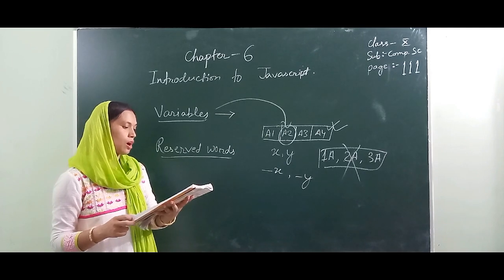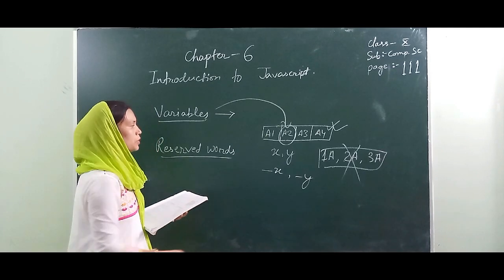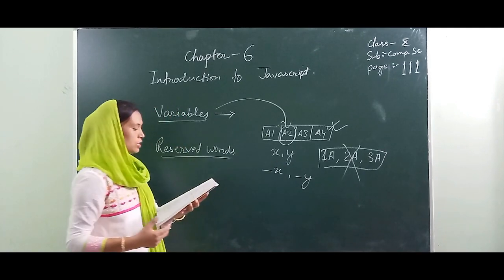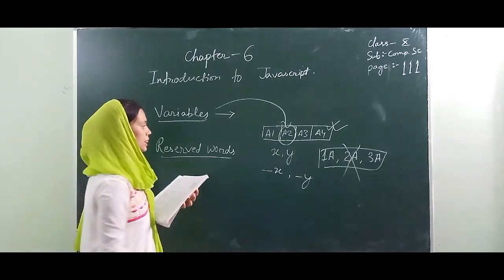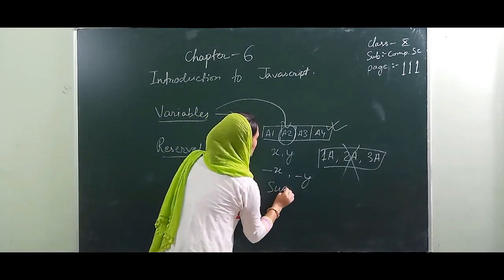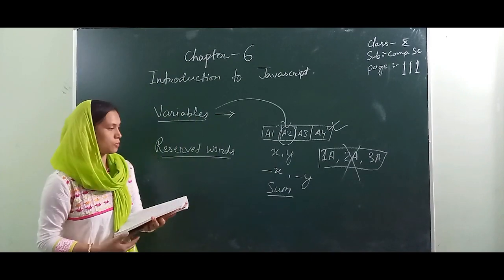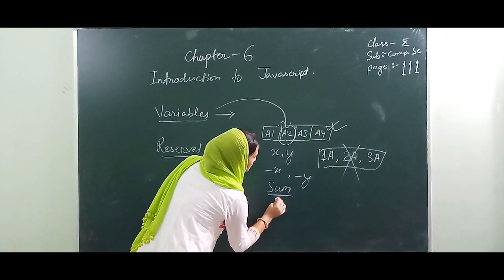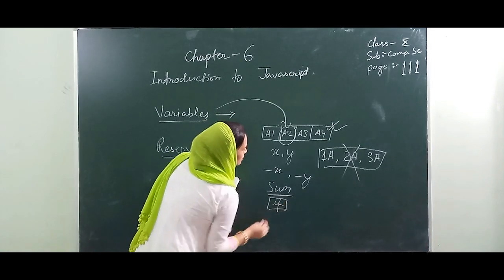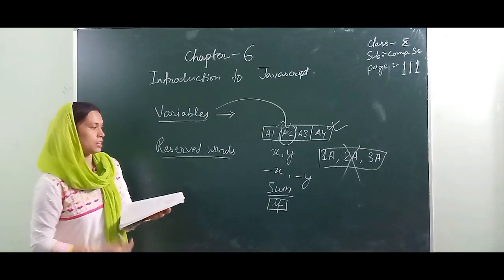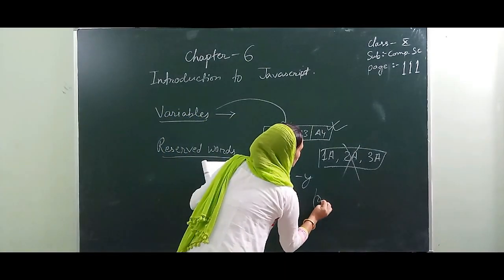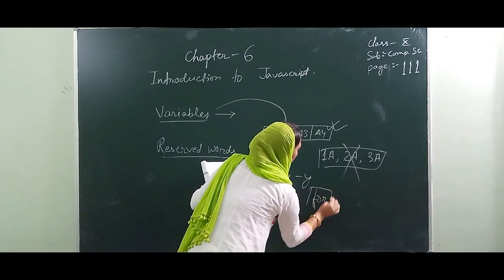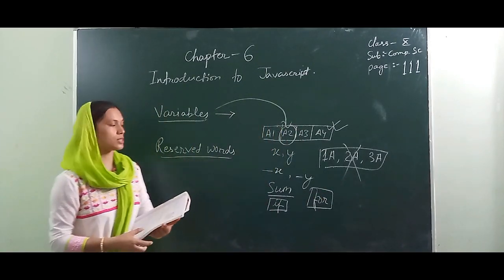Next point is that the name must not be a reserved word. When you give this name, it should not be a reserved word. Like sum, sum is not a reserved word, so we can use it. But if you write if, this if is a reserved word. Or if you write for, then this for is also a reserved word.